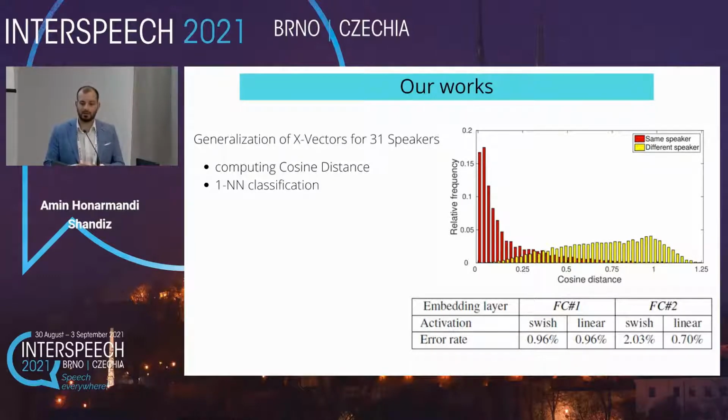Another computation metric we used was a simple 1NN classification according to leave-one-out experiments. It was correct if, for each X vector feature, the closest X vector feature had the same speaker ID. And we saw that for the first fully connected layer, it was lower than the second one, which was 500 neurons.